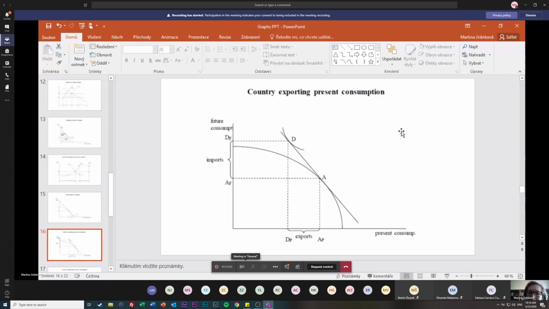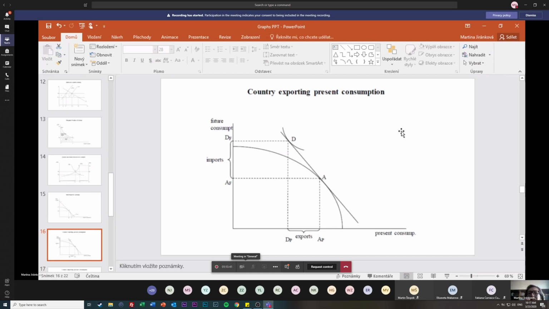The country is producing, is creating some present and some future consumption.